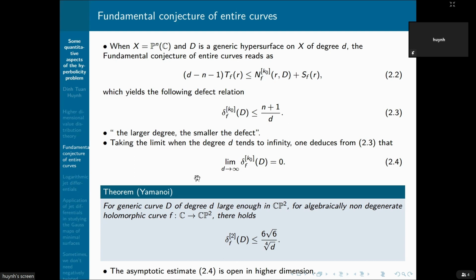But the important thing is that in the denominator you have a fourth root of d, so that if you take d tending to infinity, this tends to 0. But still, this estimate is not as good as 2.3, where we have something divided by d.